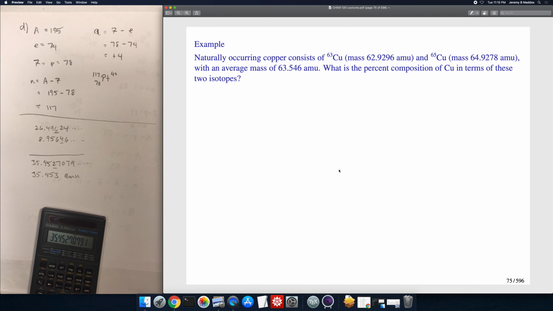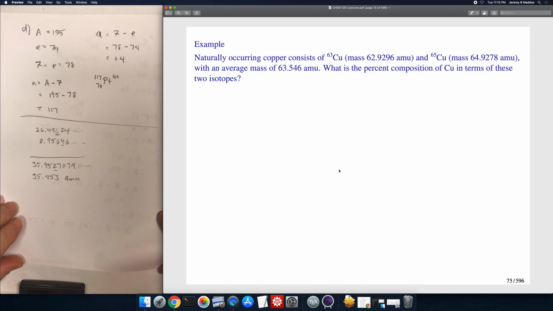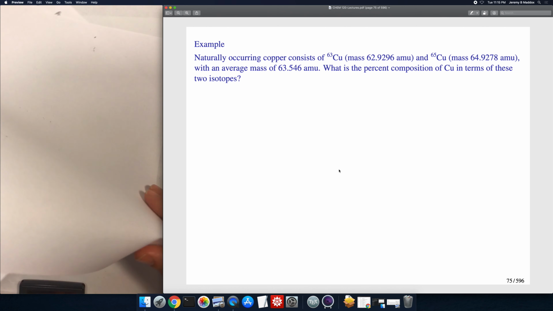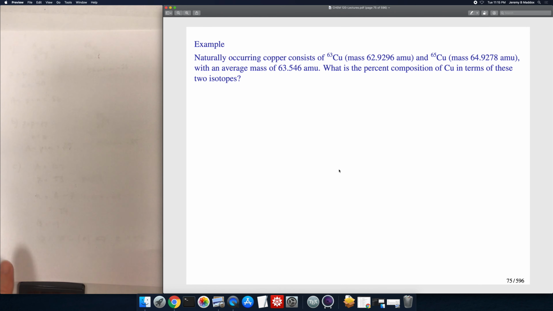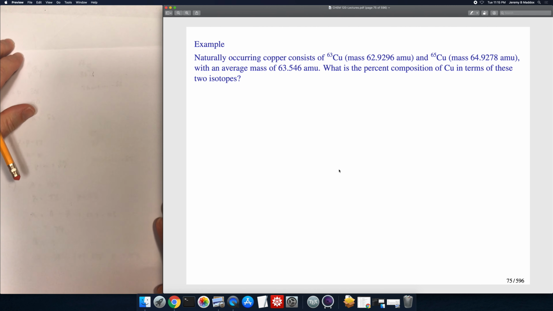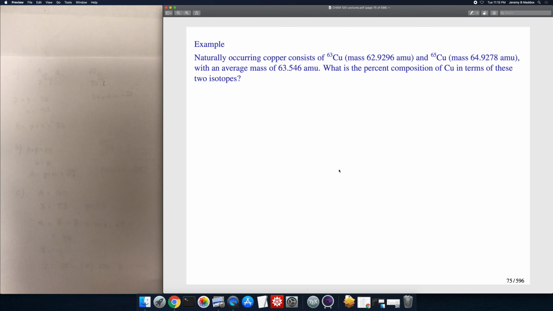In this next problem, this one's kind of challenging actually. So this one involves a bit of algebra. And I'll at least set it up for you. But I might save the details of the calculations, the numerical work, for you. But I do want to talk about this problem. So copper consists of copper-63 and copper-65, and we see that the atomic masses of each isotope were given to us.